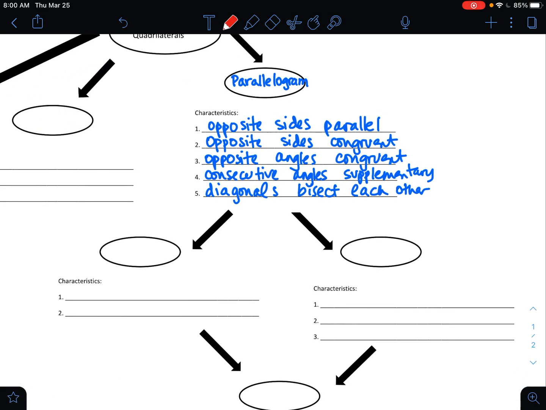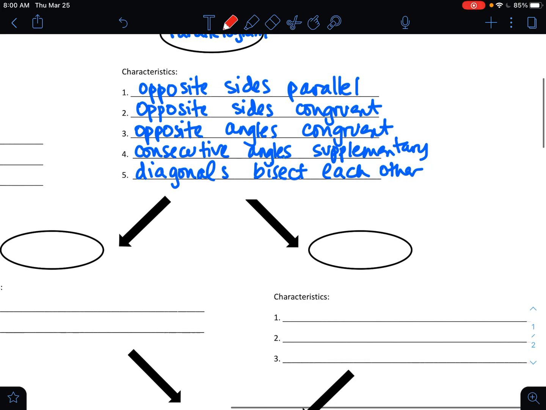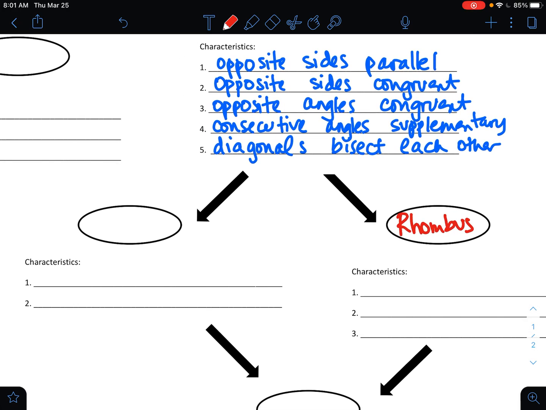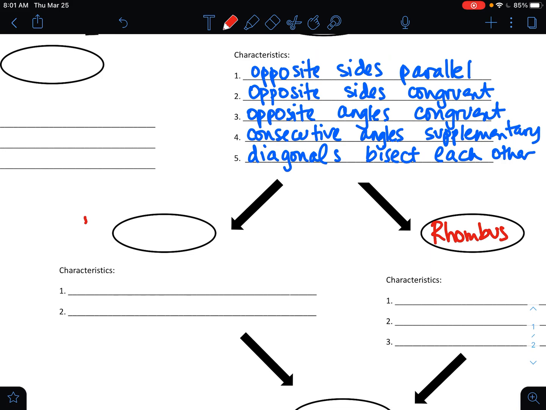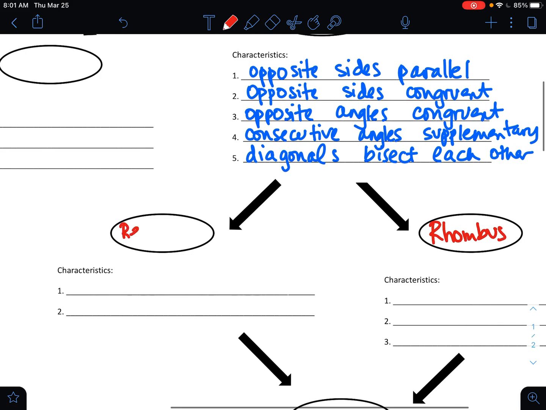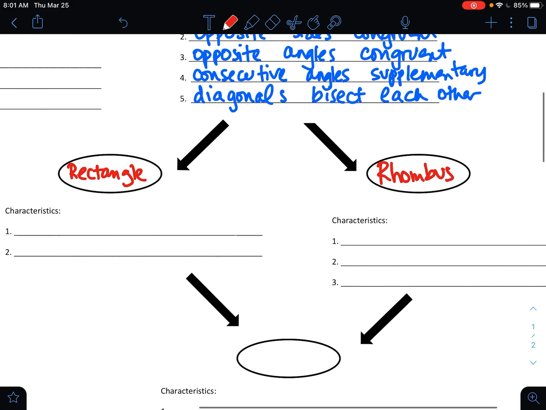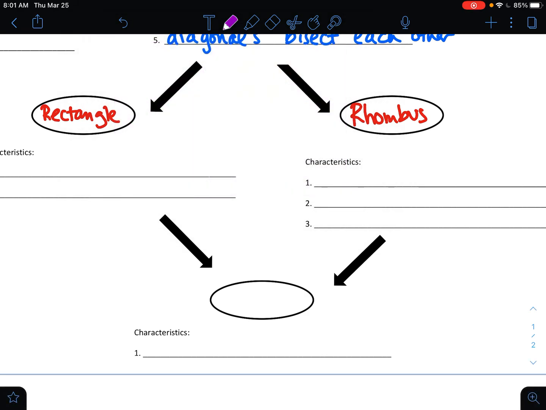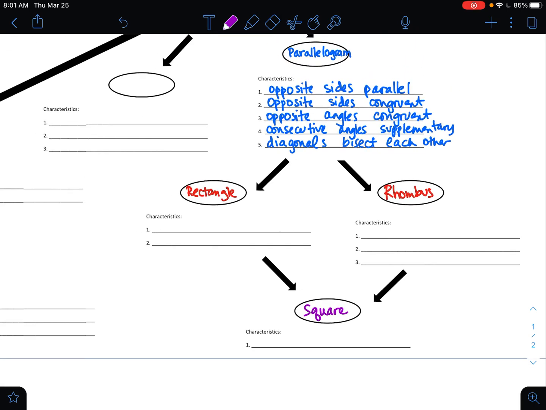So in the bubble more on the right-hand side, will you add the word rhombus? Okay, and then next to rhombus, I'm gonna have rectangle. So this one will be rectangle. And then under rectangle and rhombus will be a square. Let me kind of color code here, square.